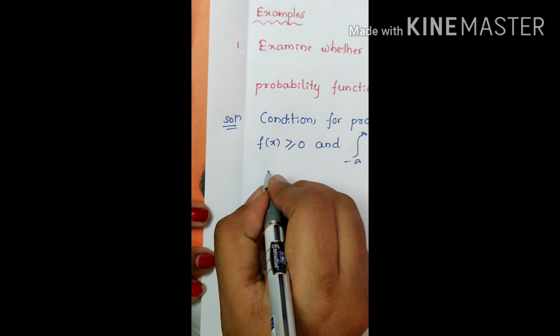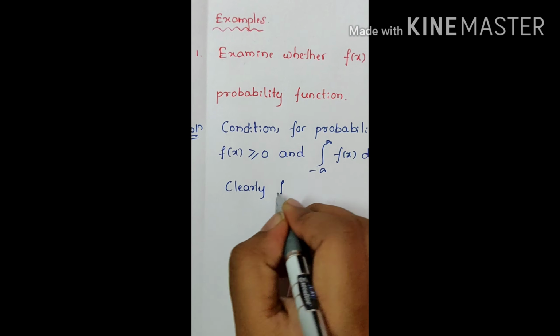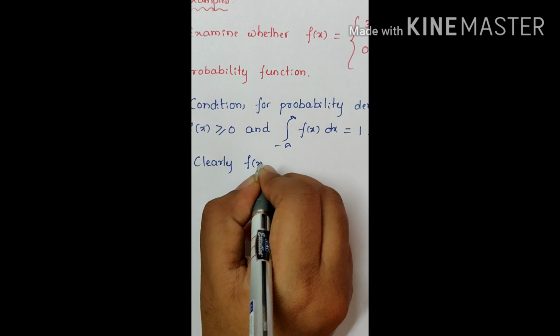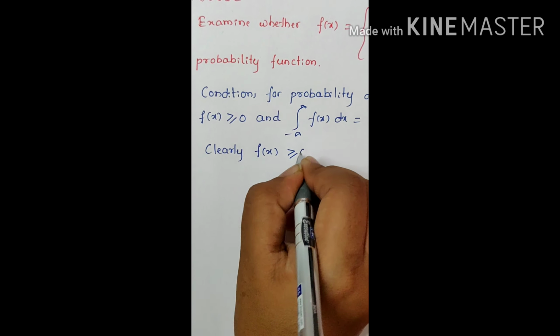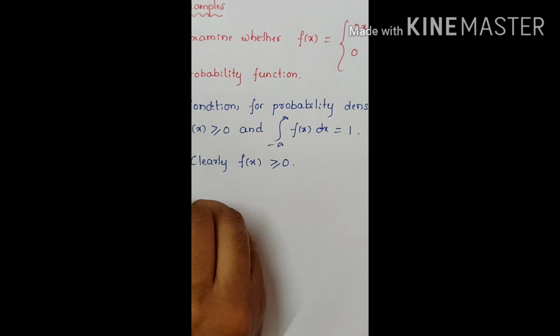So just by observation, clearly we can say that the given function f of x is greater than or equal to 0.